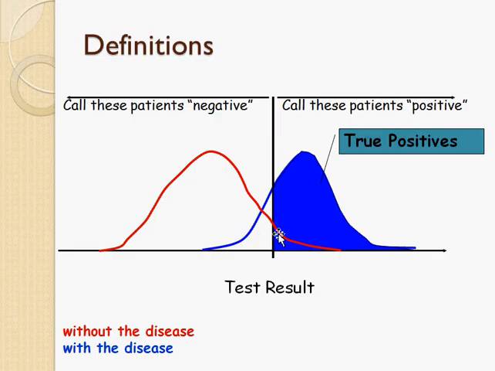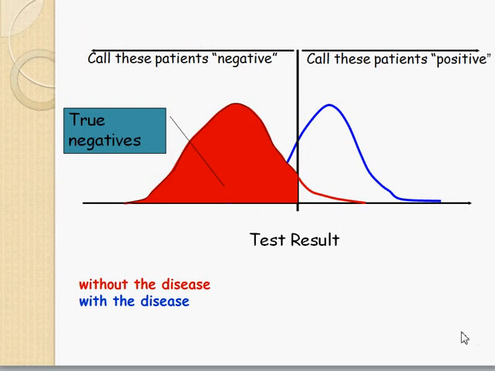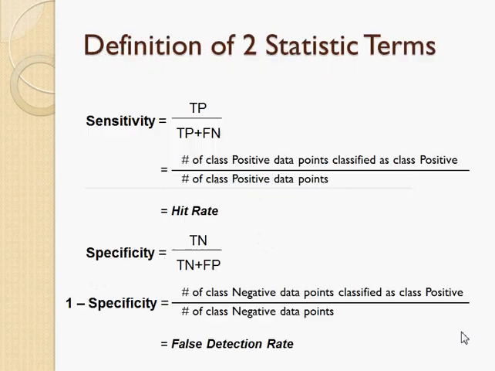So that is the ratio of this area over the area covered by the blue curve. In other words, sensitivity represents the number of the class positive data points classified as class positive over the total number of the class positive data points.